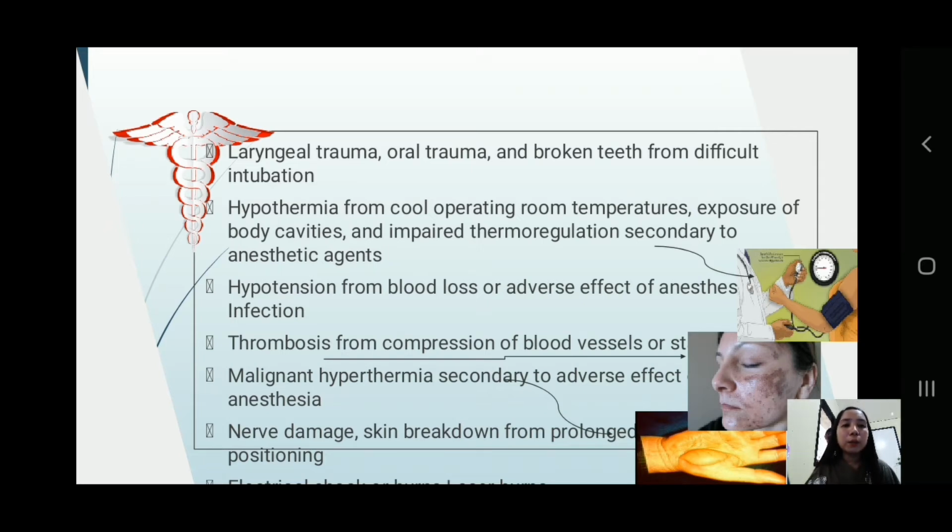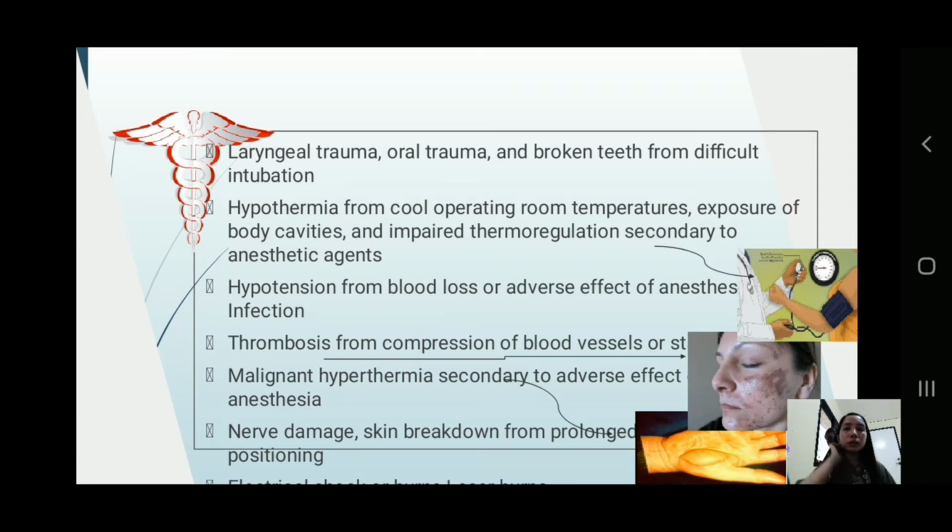The next is hypotension from blood loss or adverse effect of anesthesia. Blood loss can cause a sudden drop in blood pressure, and trauma or compression of a nerve can result in nerve pain. Then the next is thrombosis from compression of blood vessels.